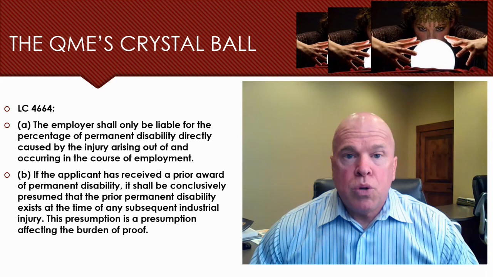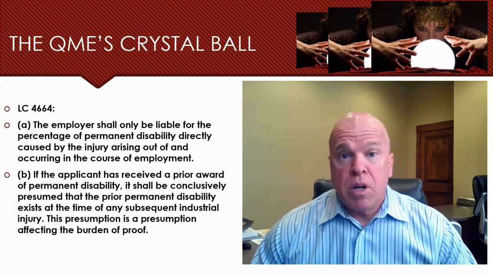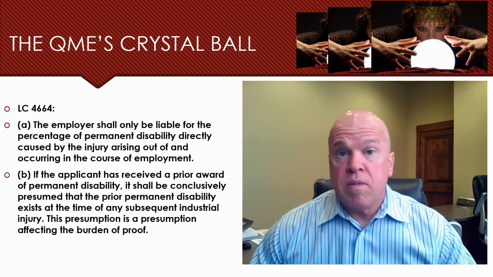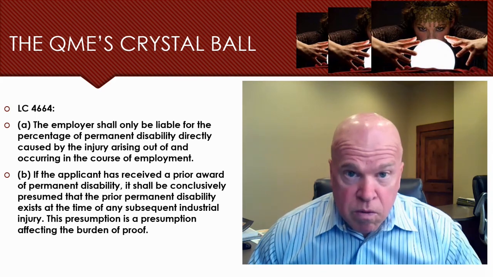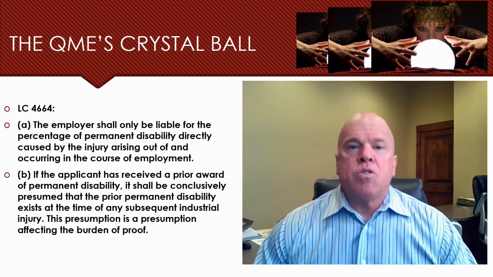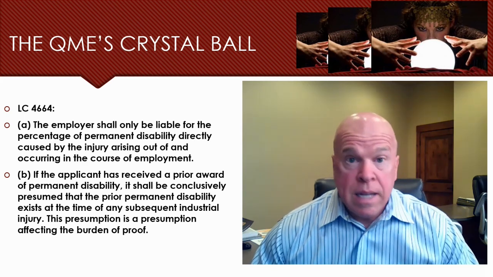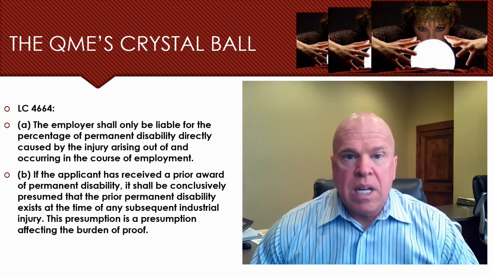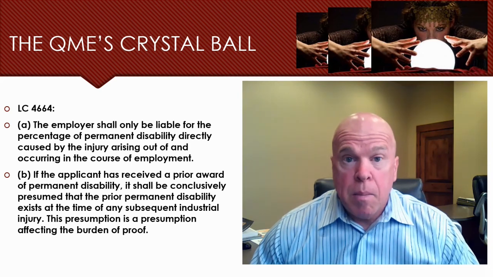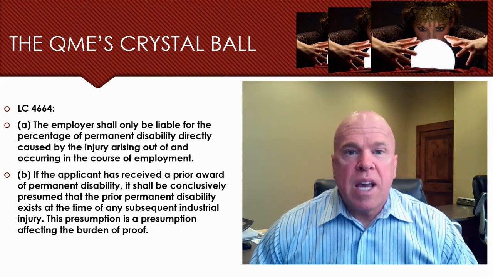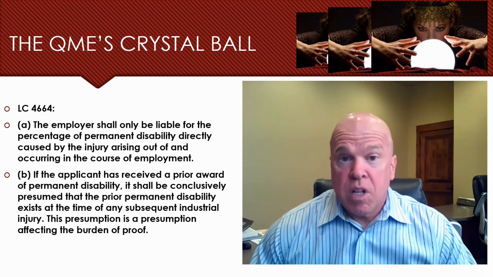Well, in order to determine what the employer is responsible for and what portion of the impairment the employer is not responsible for, it's incumbent on us as qualified medical evaluators to dig into the examinee's relevant and prior medical history, especially as relates to prior industrial injuries.